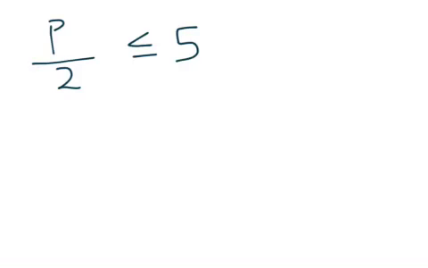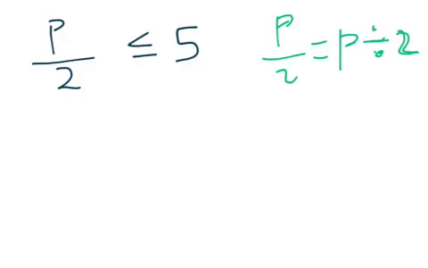Okay, now take a look at this one. Wait a minute. What does P over 2 mean right over here? Does everybody understand? P over 2 means P divided by 2. P over 2 is the same as P divided by 2. So how do we get rid of a divide?